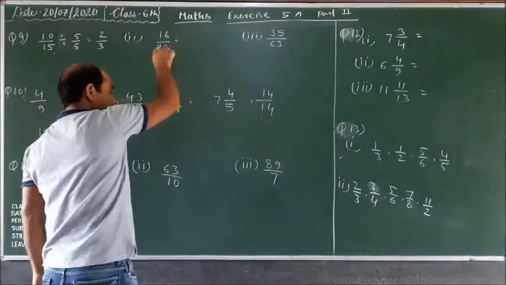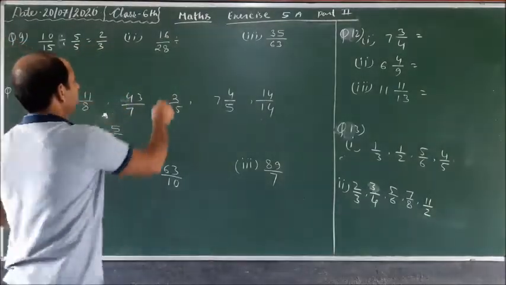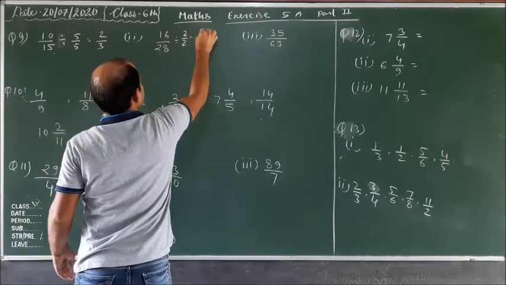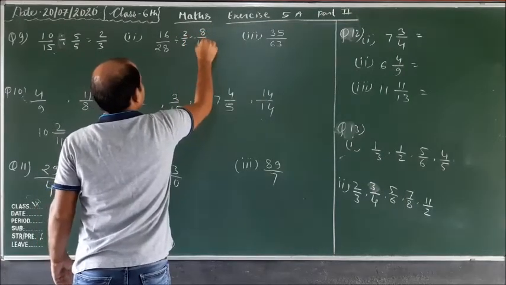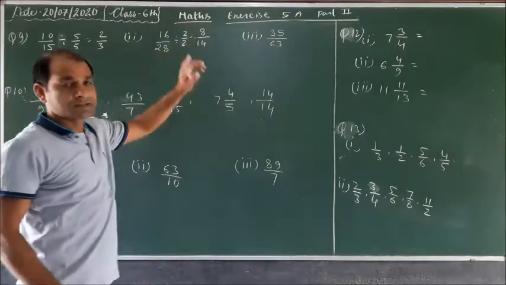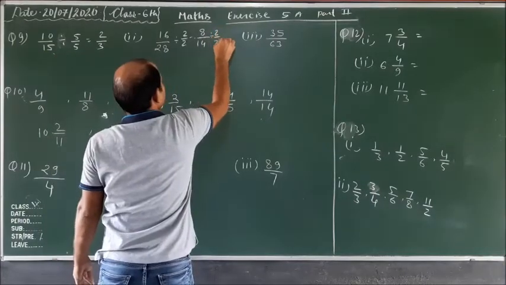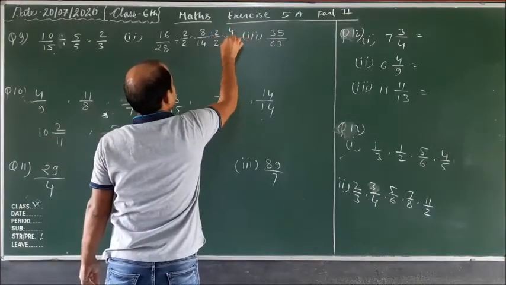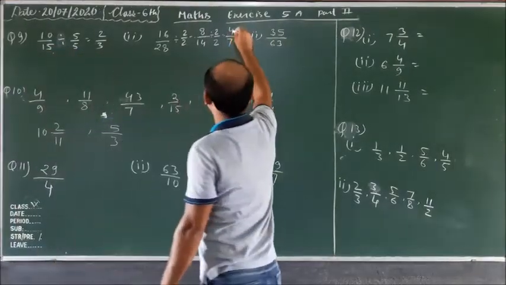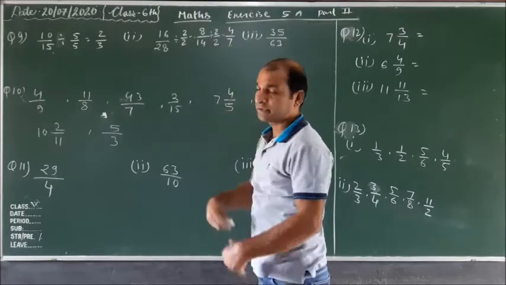Here, 16 upon 28. So, dear children, first we divide by 2, then 2 eights are 16 and 14. Okay, now 8 upon 14 is divisible by 2. 2 fours are 8, 2 sevens are 14. Now we get 4 upon 7. 7 is a prime number, so both numbers are divisible by different numbers.